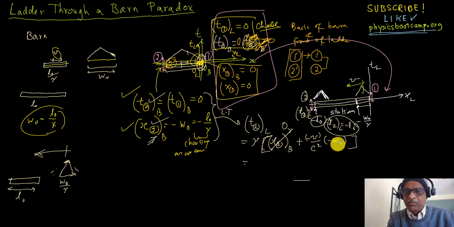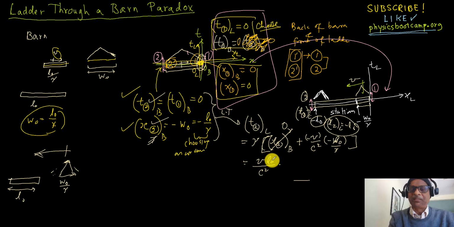W0 we can write as L0 over gamma. So multiplying by gamma, we get V L0 over C squared. So it's going to be that much time later. So this closes and opens, and then the front of the barn comes and opens and closes this much time later.